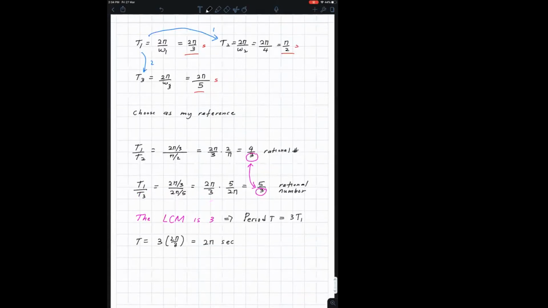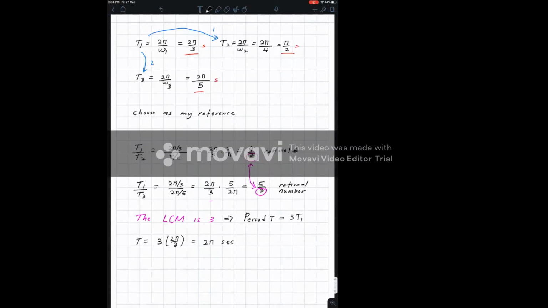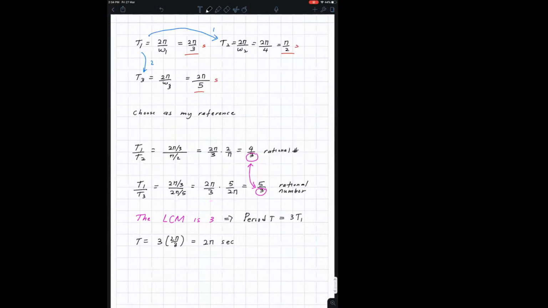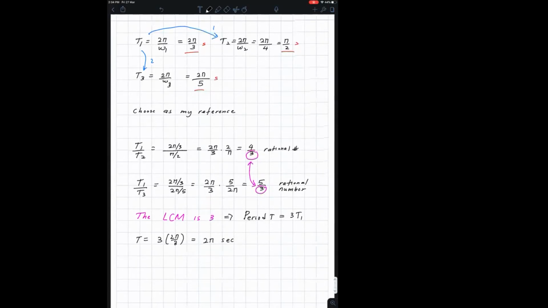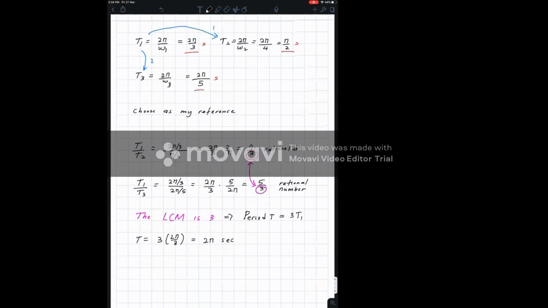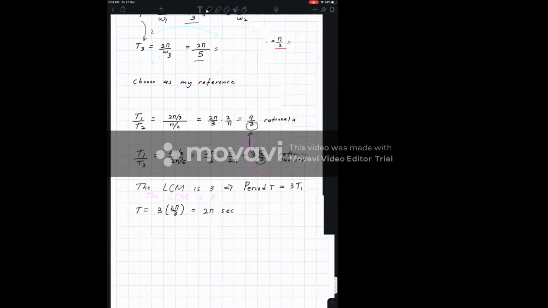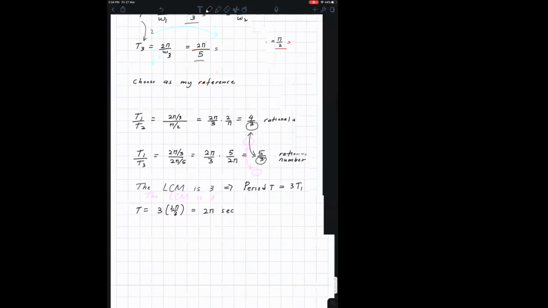You might be wondering, why 3T1? Of course, we know this LCM is 3. Of course, you also can multiply with the others. For example, you know that T1 over T2 is 4 over 3, right?